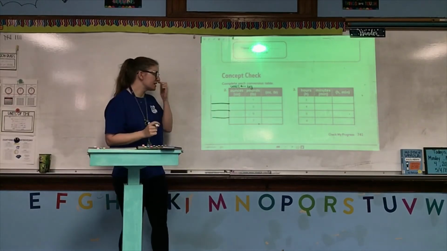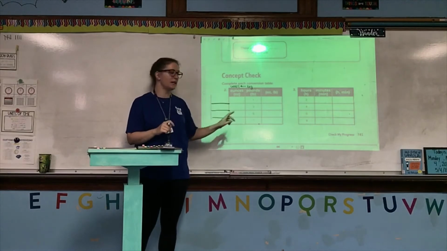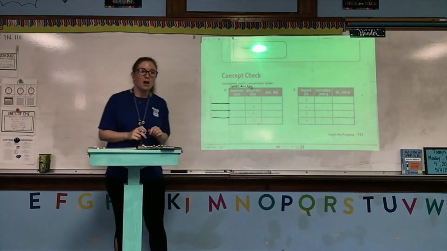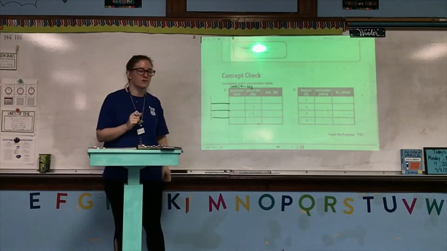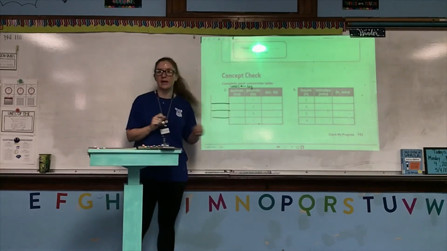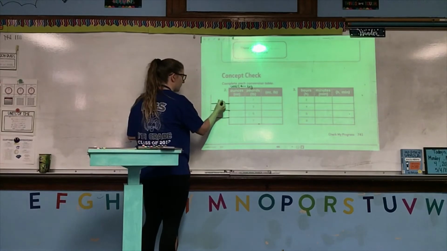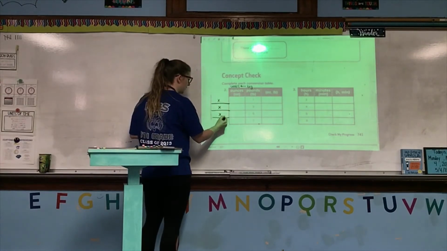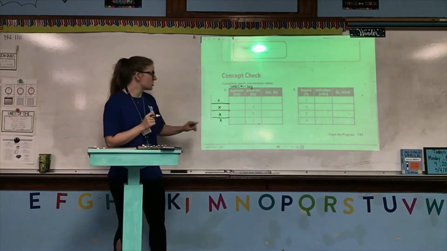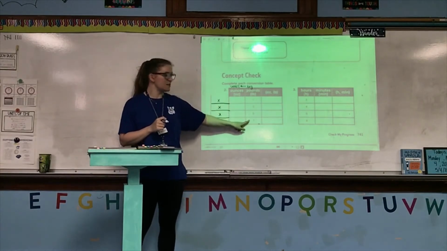Now let's check to see if I have to stop, if there are any units between these two. On our chart that has all of our types of units, ounces and pounds are right next to each other, so that means I just have to do one step. I'm going from big to small, so that means I multiply. I always start with what I know, which in this case is the pounds.